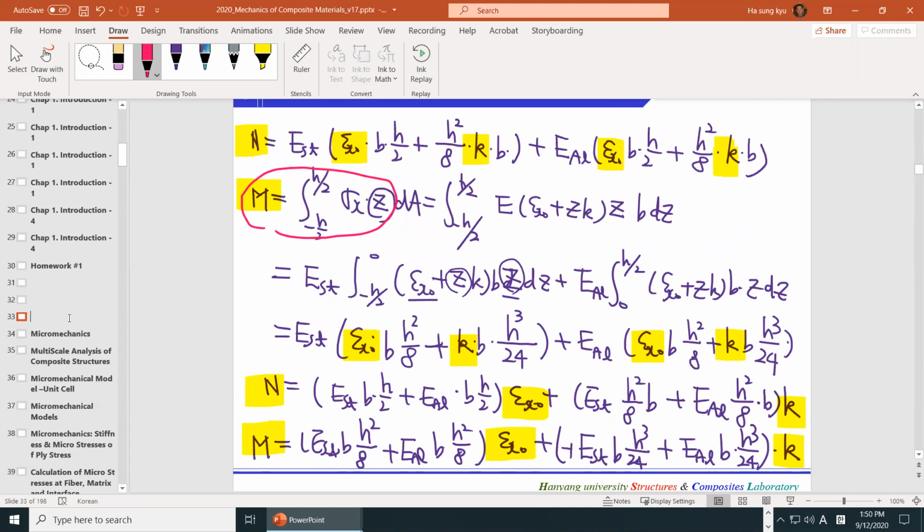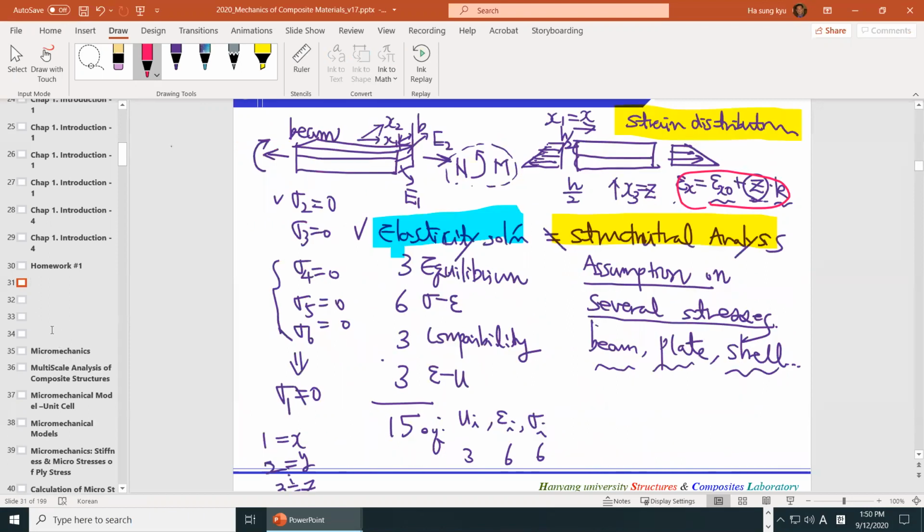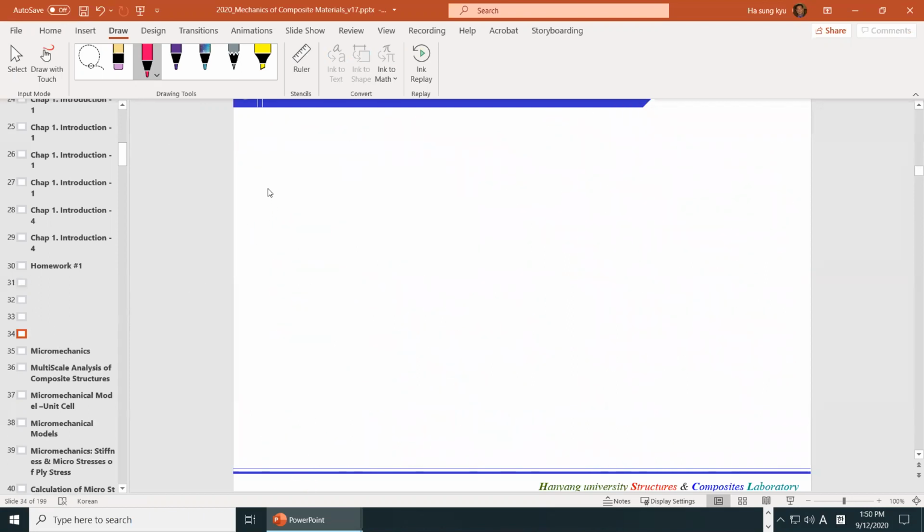So as a final, I would like to summarize as a matrix form. Matrix form means N and M, in-plane load and moment, equal.